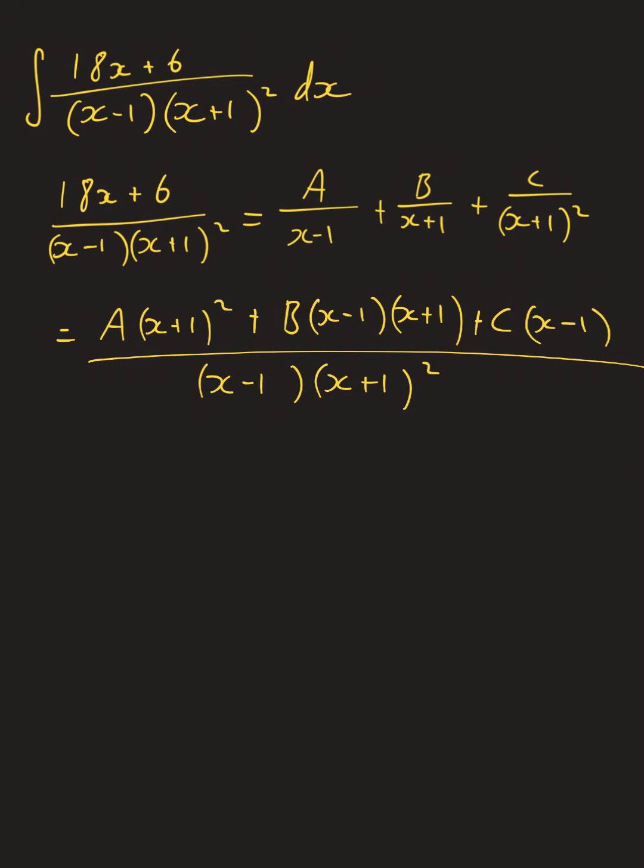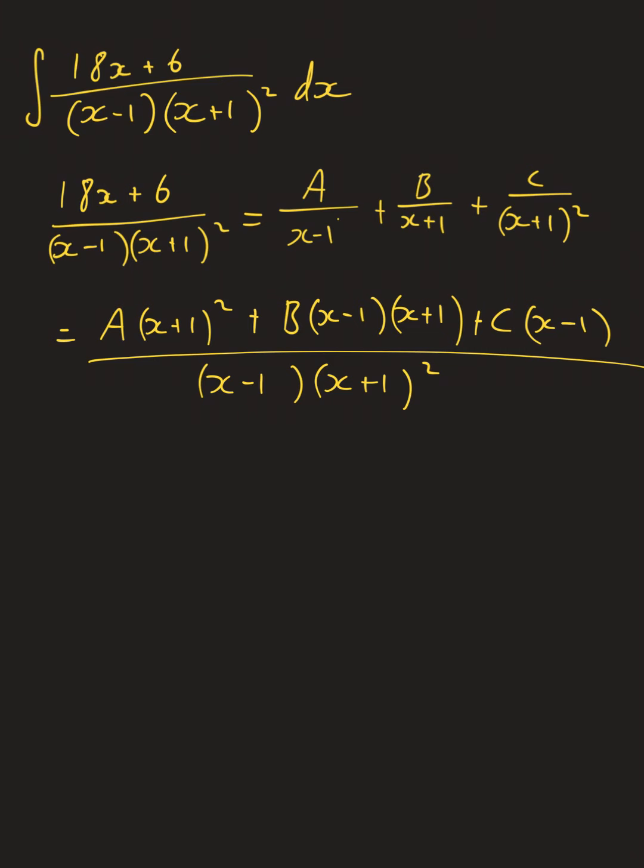So where did I get these terms next to a, b and c? Well, I'm just adding fractions with a common denominator. So for that a term, to get the common denominator x minus 1 times x plus 1 squared, I'd multiply top and bottom by x plus 1 squared, and similar for b and c.